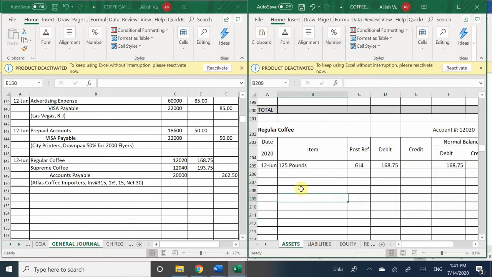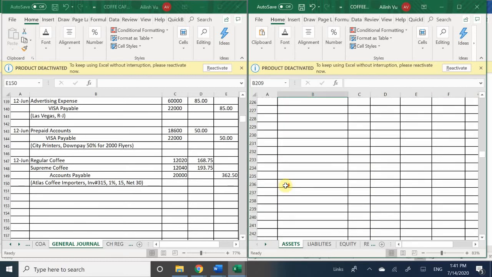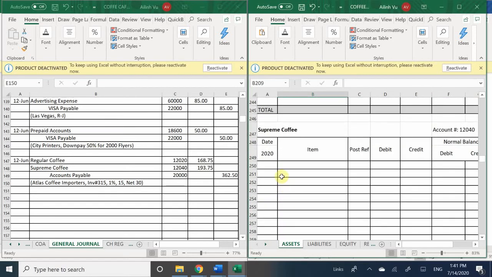If we go down to the next page, it's Supreme Coffee. The 7 is blank, so I think it might be page 8. It's on 8. Because we're going to be buying a lot and selling a lot, we need to make sure that we have enough space.